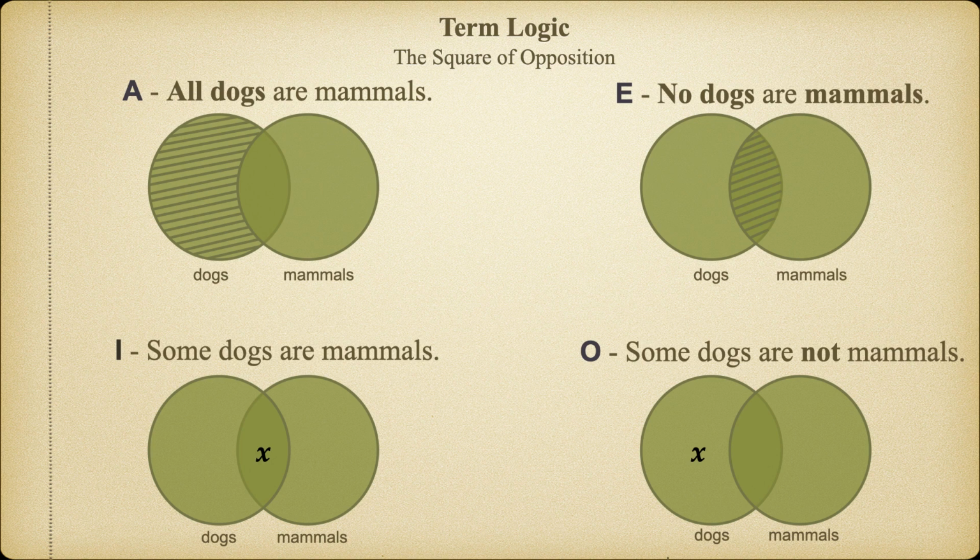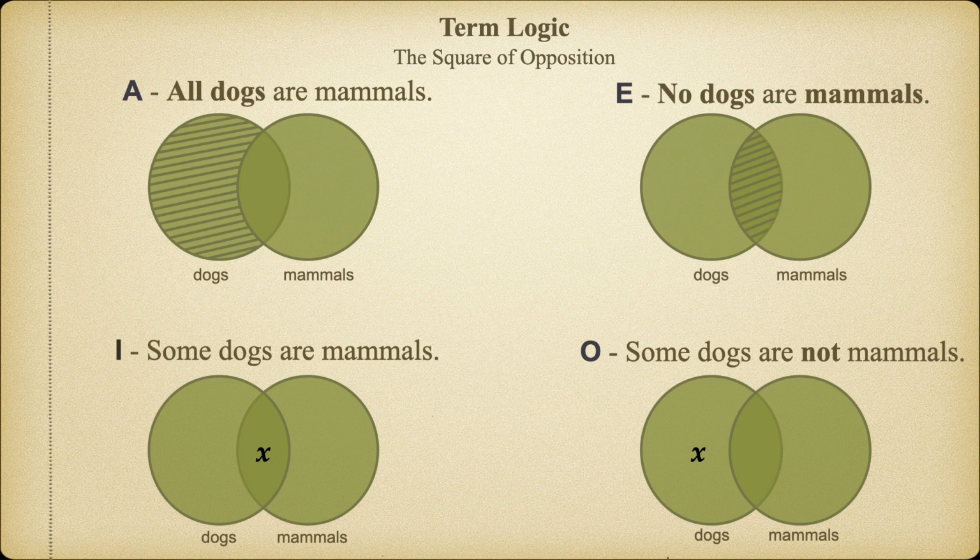By comparing any two categorical propositions together, we discover an interesting and useful set of logical relationships. In the first video, we were talking about the relationships between the terms within a single proposition. Now we're going to compare pairs of propositions and discover that we once again have interesting logical relationships.